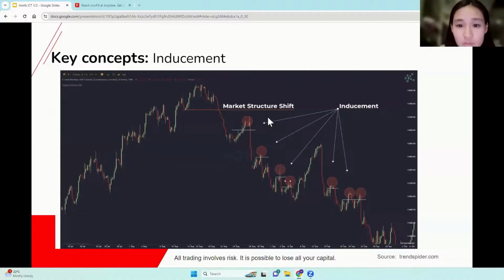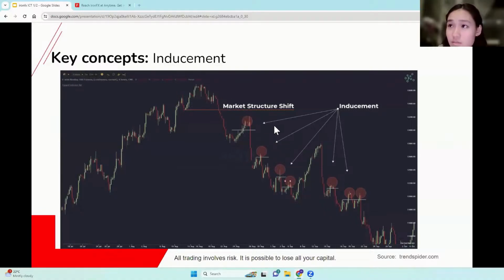Okay, so the price will bounce or get rejected and then will target a previous short-term high or low before continuing in the same direction as the longer-term trend. So the short-term high in this case is here, all of the circles over here. Okay, and then it continues in the same direction. In this case, it's a downtrend in the longer term.